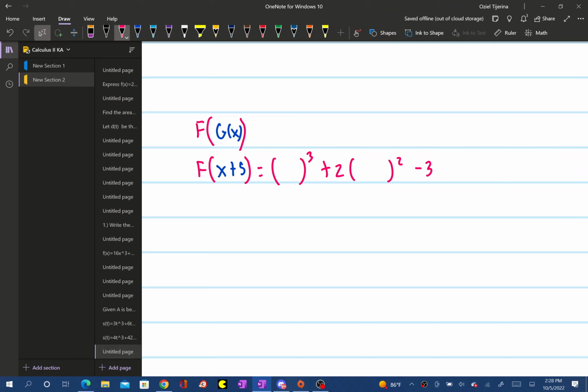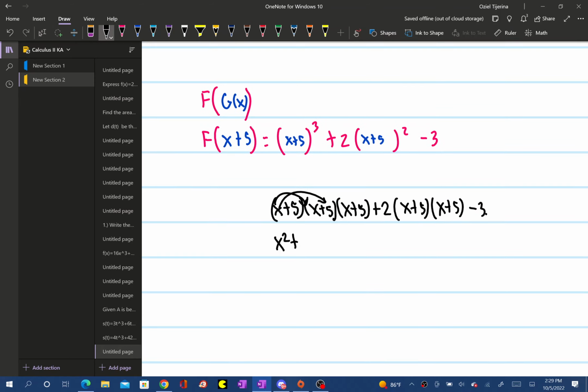So really this becomes x plus 5 times x plus 5 times x plus 5, plus 2 times x plus 5 times x plus 5, minus 3. If you do the FOIL method here, you should get x squared plus 10x plus 25, and then over here it's times x plus 5, and then plus 2 times x squared plus 10x plus 25, and then minus 3.